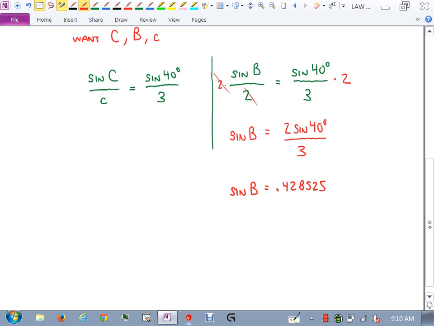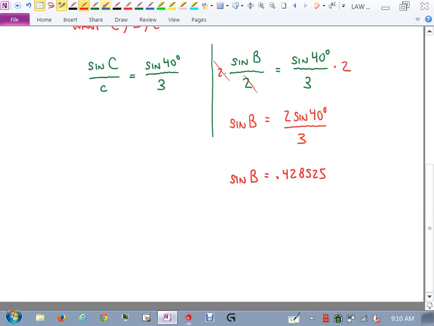Now, pay attention to this because this is the subtle part you have to not get tripped up on. Right now, we're saying that on our unit circle, our y coordinate must be 0.4 something. So would you agree I'm somewhere like here maybe? Right, the y coordinate and how high that is off the ground is about 0.428, give or take, right? Is that the only place, though, that it could happen?